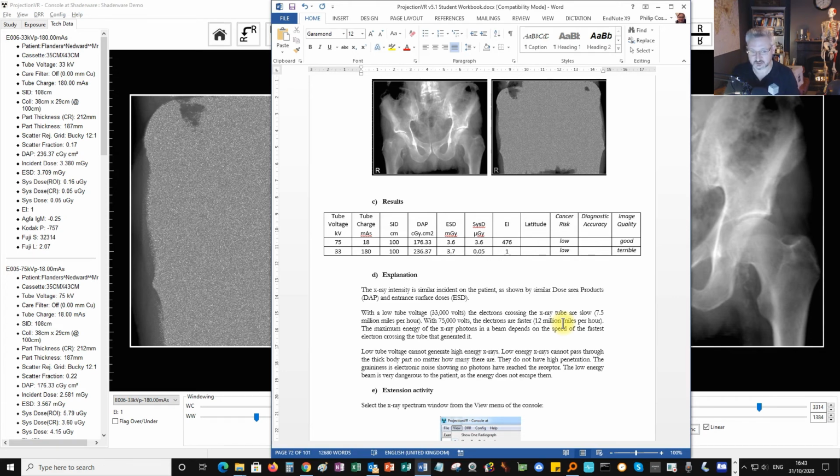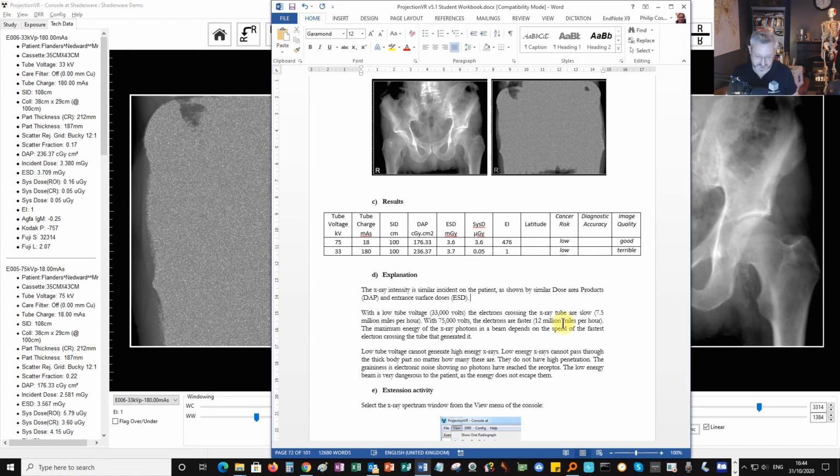So the tube voltage has to be picked for the body part thickness. You must always pick the tube voltage for the purpose in which it's intended, so never fiddle with that too much. If the patient is larger than standard, then we might have to put the tube voltage up as well as the tube charge, or instead of the tube charge.